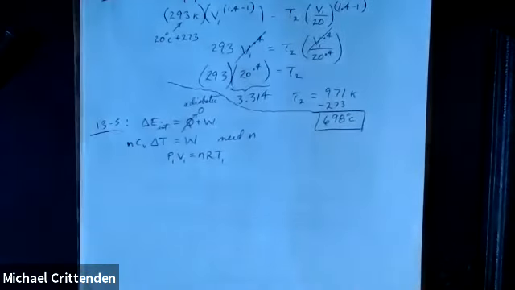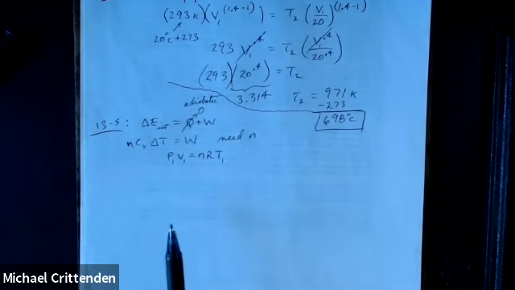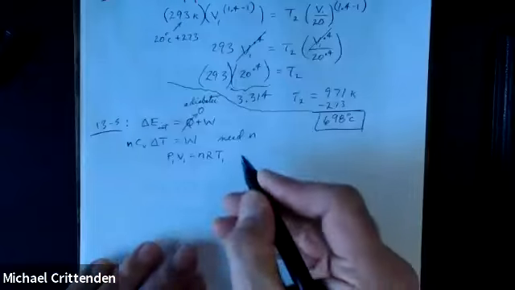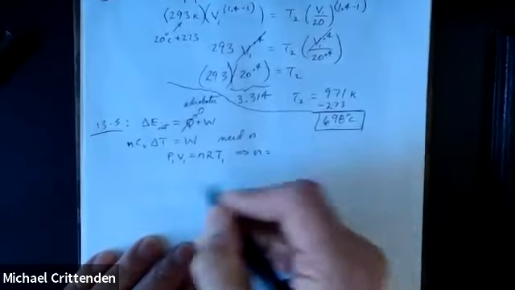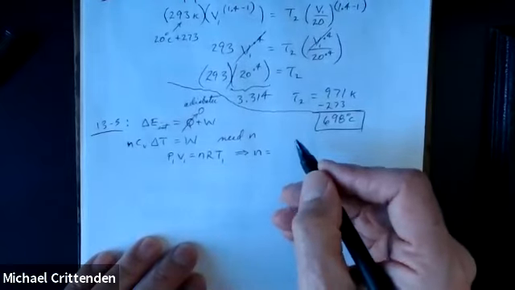And I'm going to apply that to the initial conditions simply because I know more about them. I've got the initial volume, I've got the initial pressure, I've got the initial temperature. All I've got for the final conditions is the temperature. It doesn't tell me anything else. So that's why all the little subscripts are ones. Solve it for N because that's the thing I need.